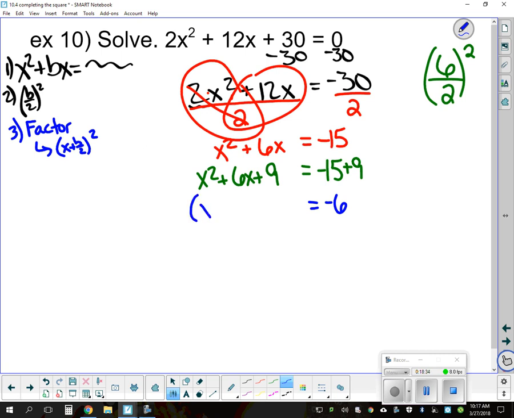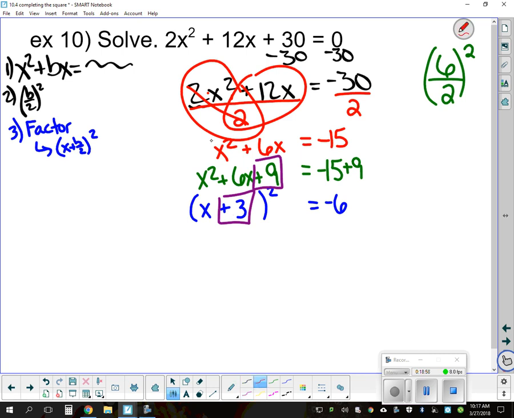So this is x, something squared. Your something squared is your b divided by 2, and that is 3. So these two numbers, these special little numbers that we are having to put into our problem are a little different. They're similar but different. This one is b divided by 2 squared. This one is just b divided by 2.